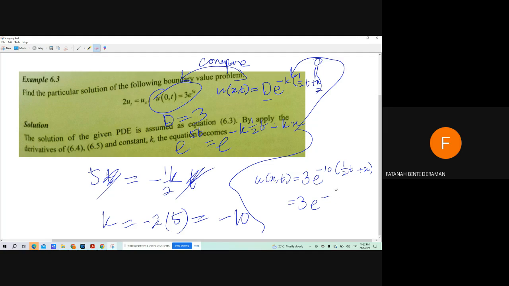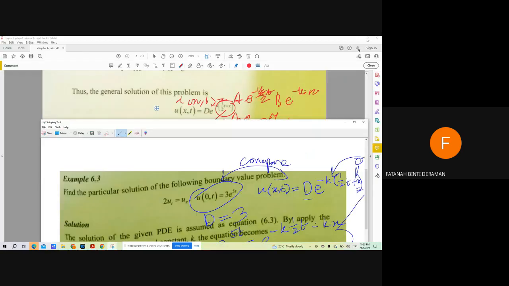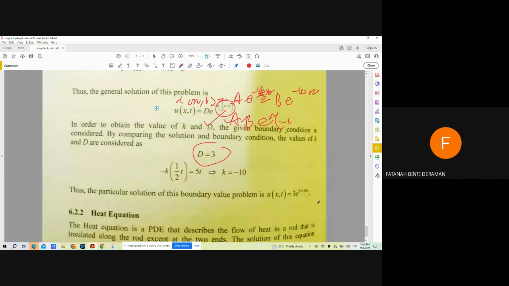So you will get negative 5t, plus you times here, so plus is minus, so it will be minus 10x. Okay, so that is your final. That's why we get 5t plus 10x here.